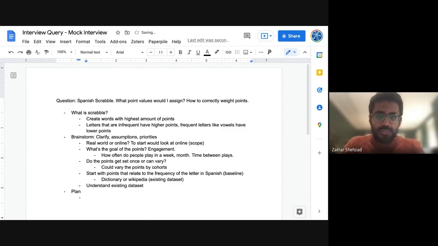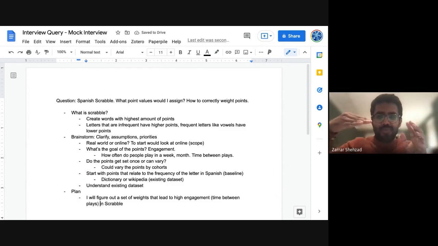But basically, the idea is that I will figure out a set of weights that lead to high engagement in Scrabble. I'll probably pick one of the engagement metrics. If I just wanted to pick one to start with, I might go with the time between plays, only because that way you can use each game, and then the dependent variable is the time to the next play.